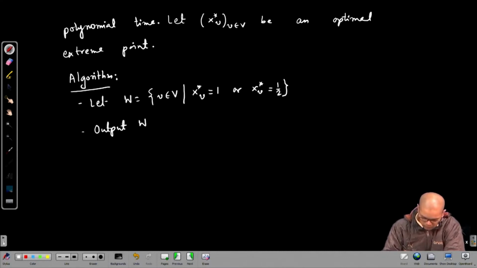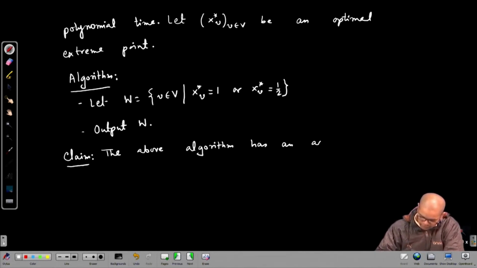Output W. Claim: the above algorithm has an approximation ratio of at most 2.